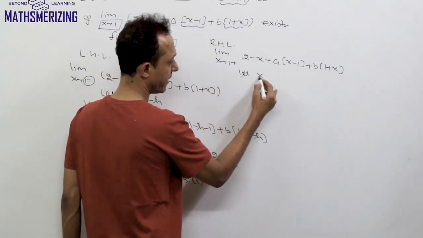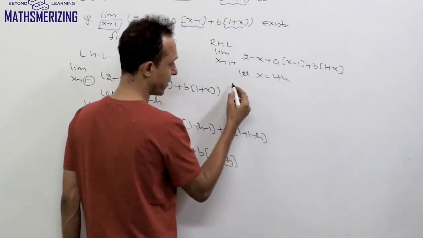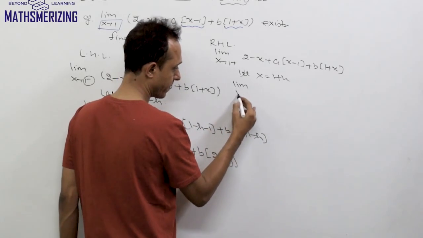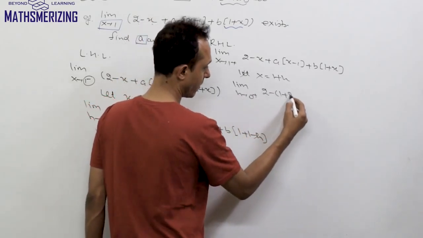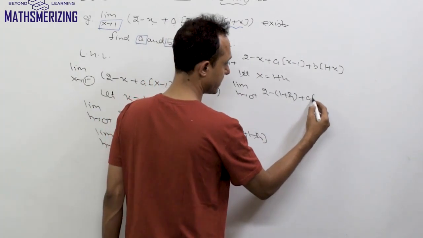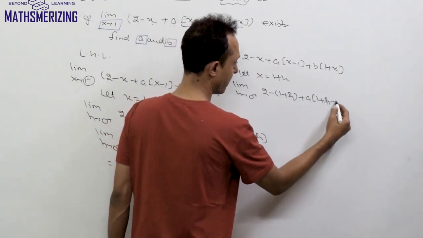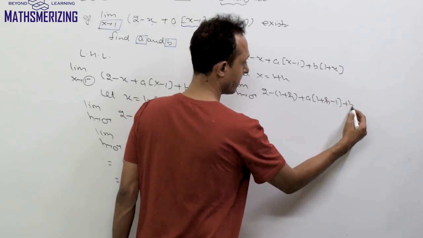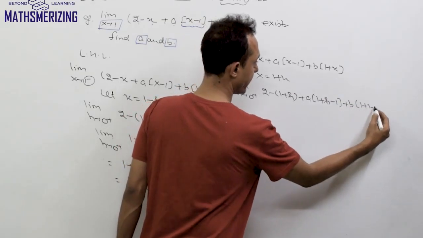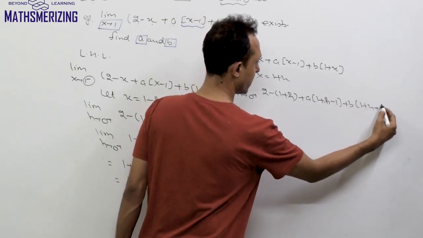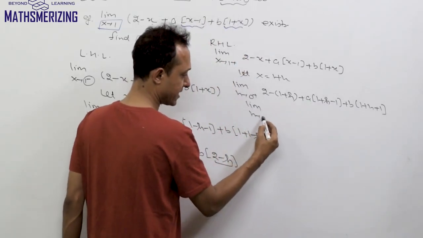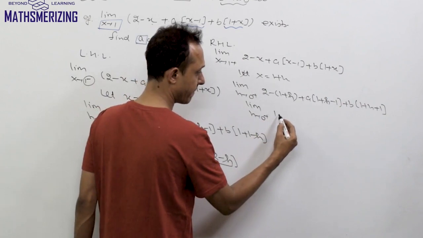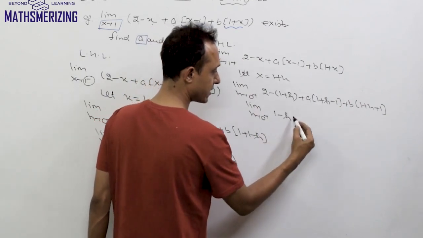I'll let x be 1 plus h, so I'll write it as limit h tends to 0 positive of 2 minus 1 plus h plus a into 1 plus h minus 1, plus b into 1 plus h plus 1. So here will be limit h tends to 0 positive. So this is 1 minus h.